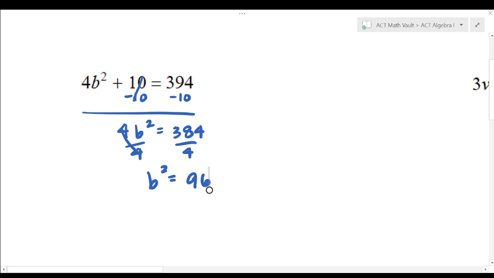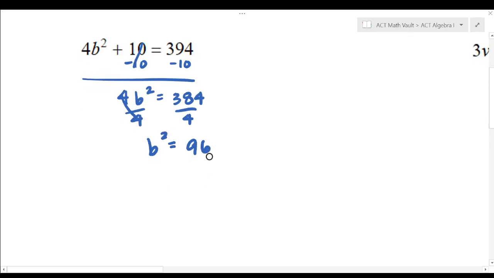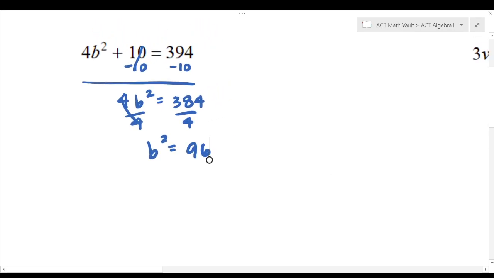That's not a perfect square, so we're going to have to take something out of it. And I do know that 16 is a perfect square that can go into 96. Why am I talking about that? Because we need to square root both sides. B equals, and the answer really is like the square root of 96.